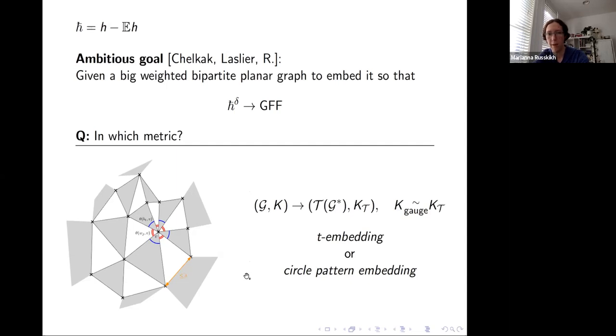And now there are 3 natural questions. First of all, how to describe those embeddings? What are those embeddings? The second question is whether they exist. And the third question is to check that indeed on those embeddings, the fluctuations of the height function converge to the Gaussian free field.